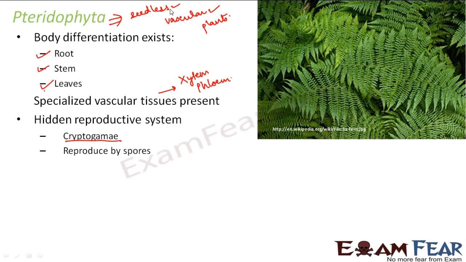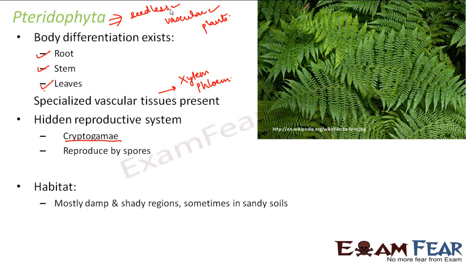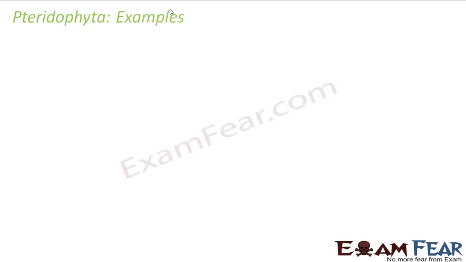You see, gradually with each group we are having some improvements. Talking about the habitat, they prefer mostly damp and shady regions. However, sometimes they are also found in sandy soils. Talking about nutrition, they are also autotrophic due to the presence of chlorophyll.